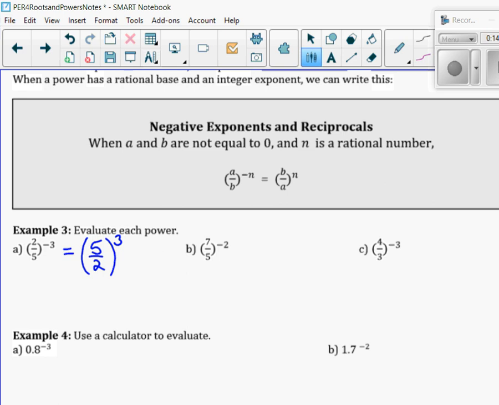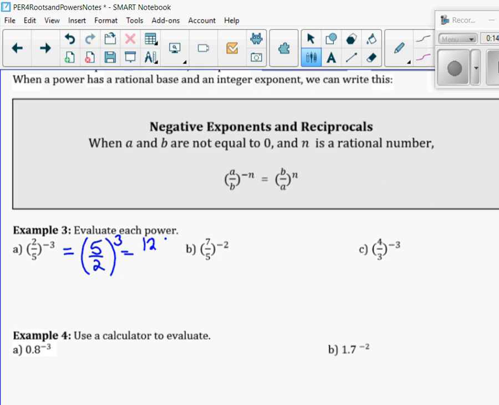So somewhere in grade 9, you learned that if a fraction is to the power 3, the 3 goes to the numerator and the denominator. So then what is my final answer?